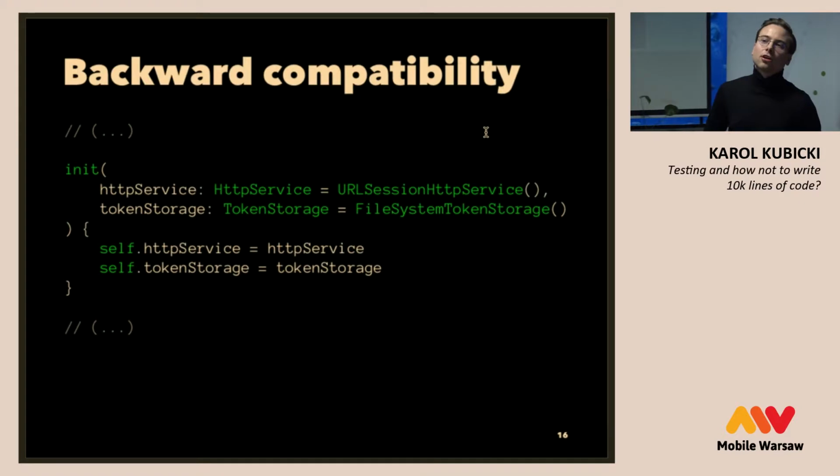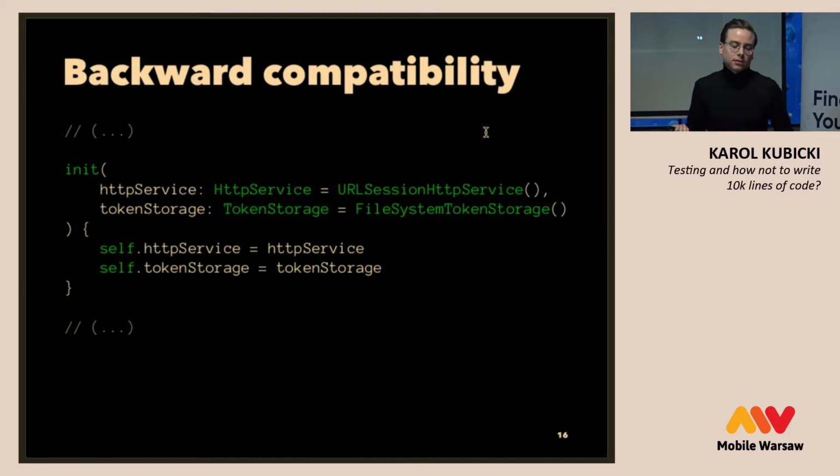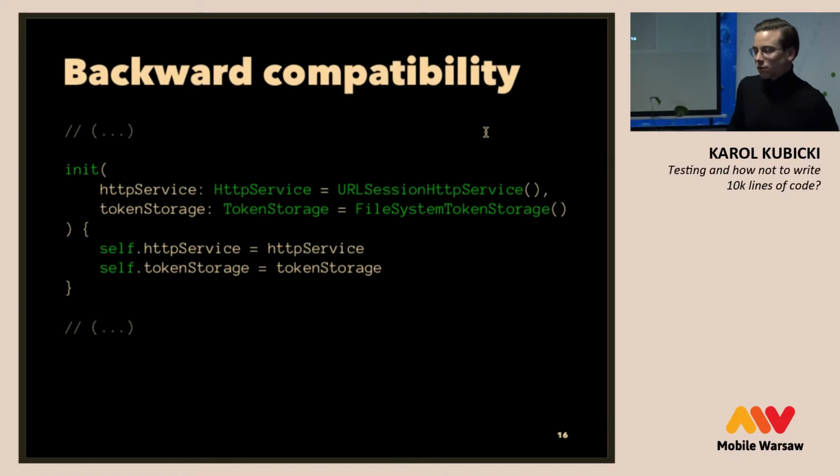So we define a protocol, we define the interface in it, we define a concrete class, and then inject it somehow. But if we have code that is not testable and it's already used in several places, ideally we would like to not change anything at all outside of this object that we want to test.